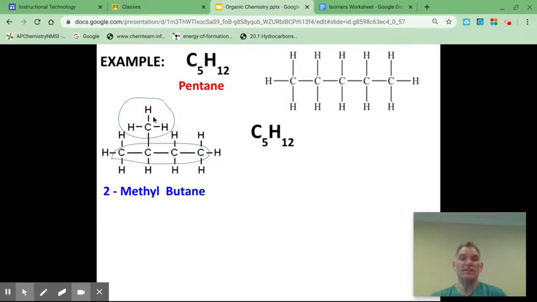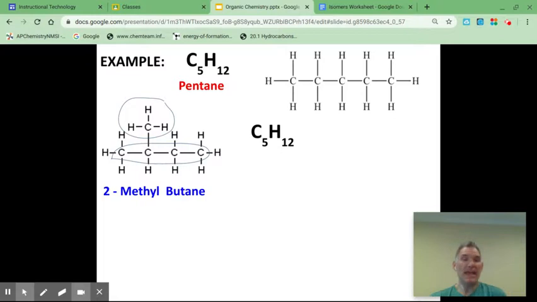If you move this over to here, it looks like it changes, but it actually doesn't because it's a mirror image. If I put a mirror right here, it would look the same. But also notice the name does not change. If I move this methyl over to here instead, it would then be counted 1, 2-methylbutane again. So I can't move this methyl.